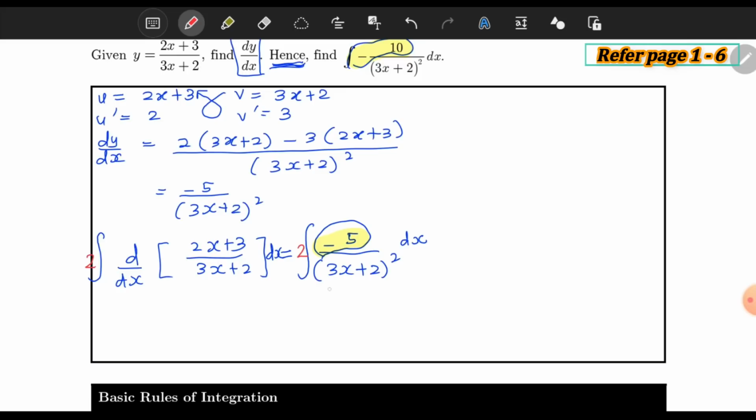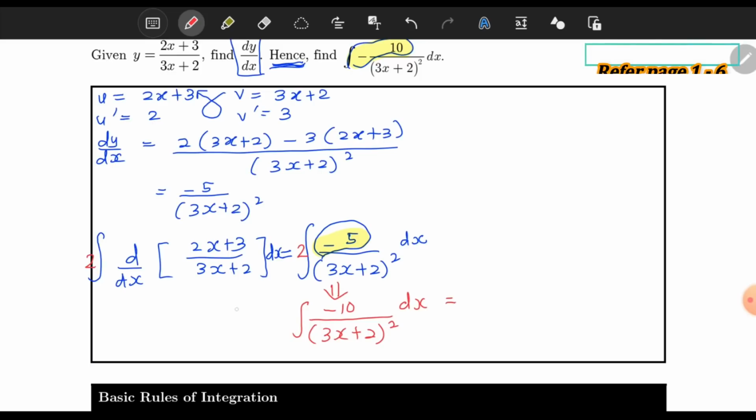Therefore, here we get the integral of negative 10 over (3x plus 2) squared dx equal to, so look at the term on the left. We have 2 times the integral of d/dx of this. We know that integration and differentiation are opposite each other, isn't it?